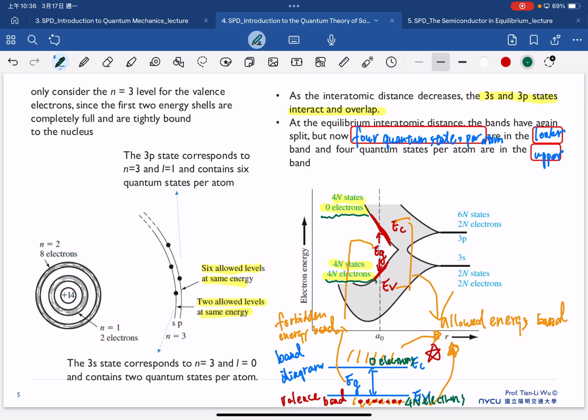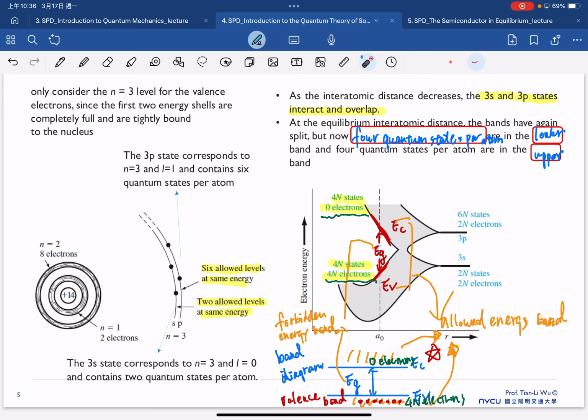Later we will talk about this again: how the carriers start to flow, how the electrons flow. Actually, the electron has to jump from this place to the other side. Once it jumps to the other side, it crosses a certain energy state and starts the physics-based operation, which will generate the current.